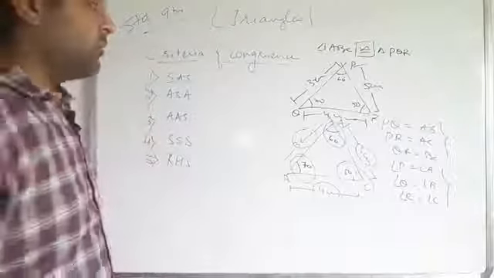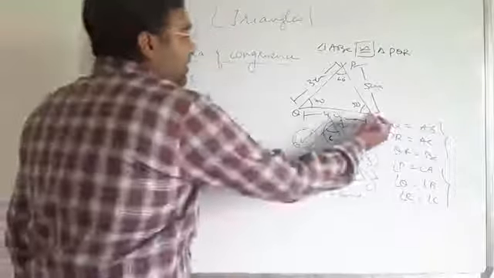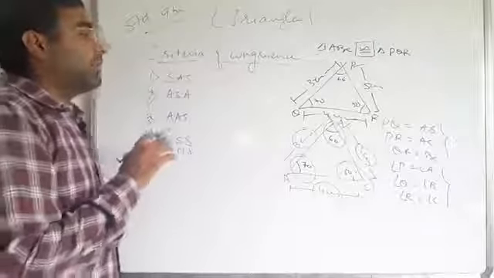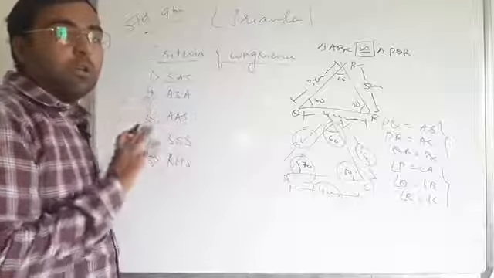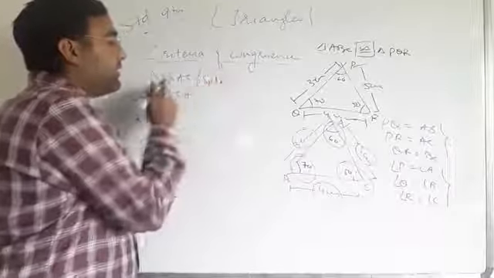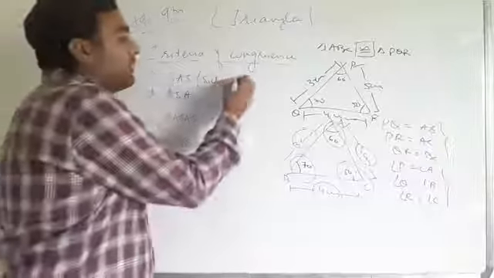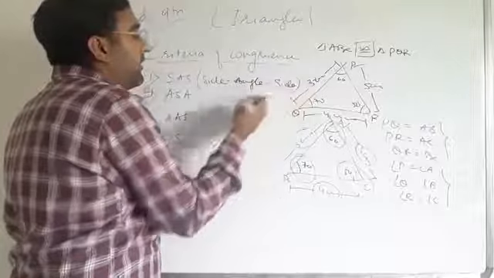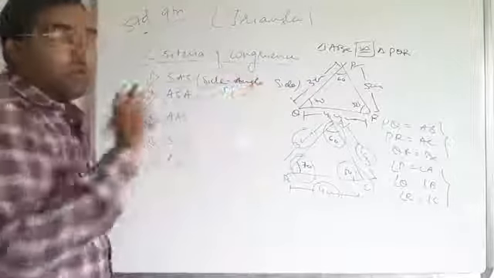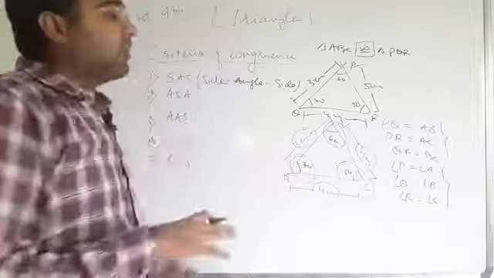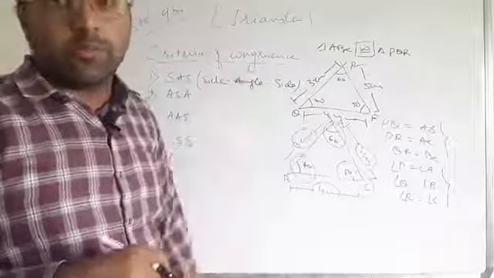So for that we have to see the criteria of congruency. We need only the first criteria, that is side angle side. We need only two sides and one angle that are equal in the triangles, then we say both of the triangles are congruent.